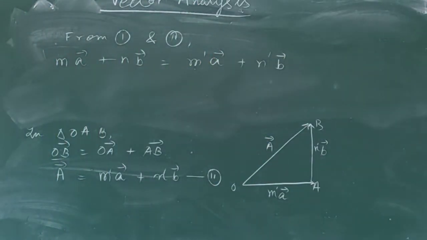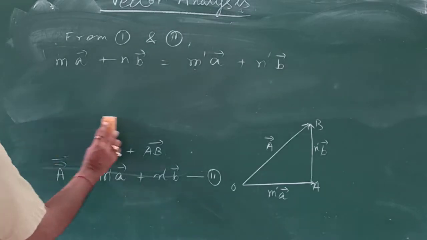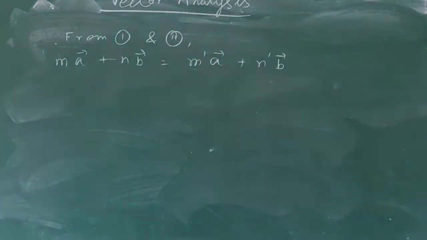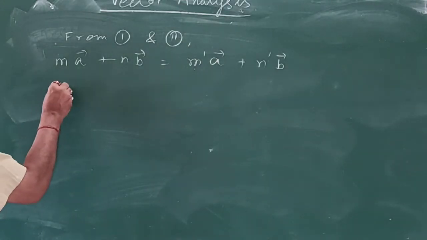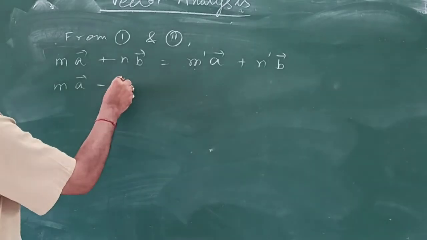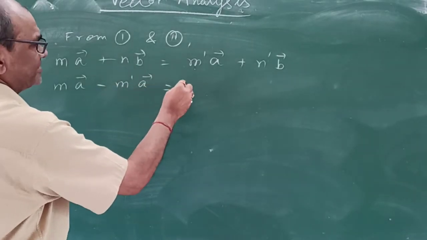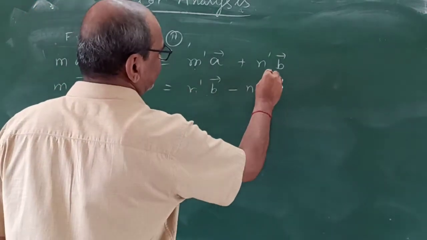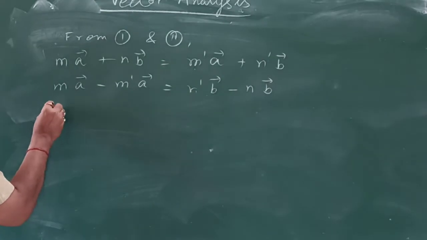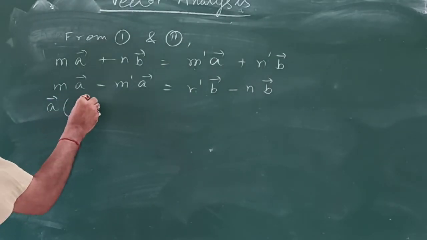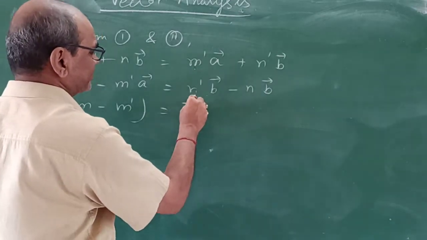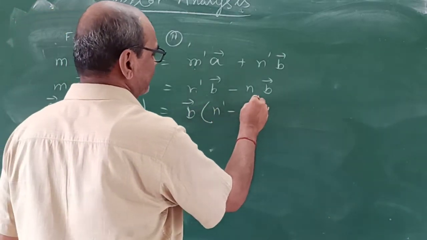Now, taking the m terms to one side and the n terms to the other side, the equation becomes m a minus m dash a is equal to n dash b minus n b. Taking a common, (m minus m dash) a is equal to (n dash minus n) b.